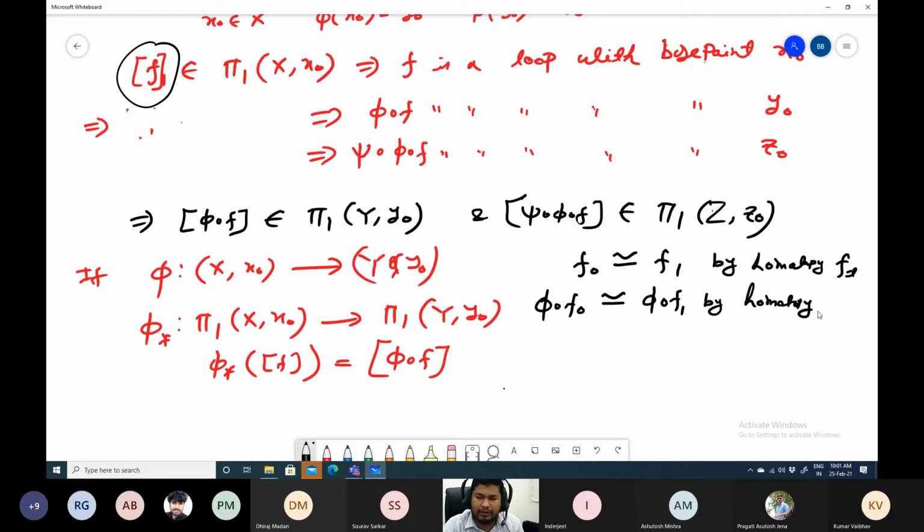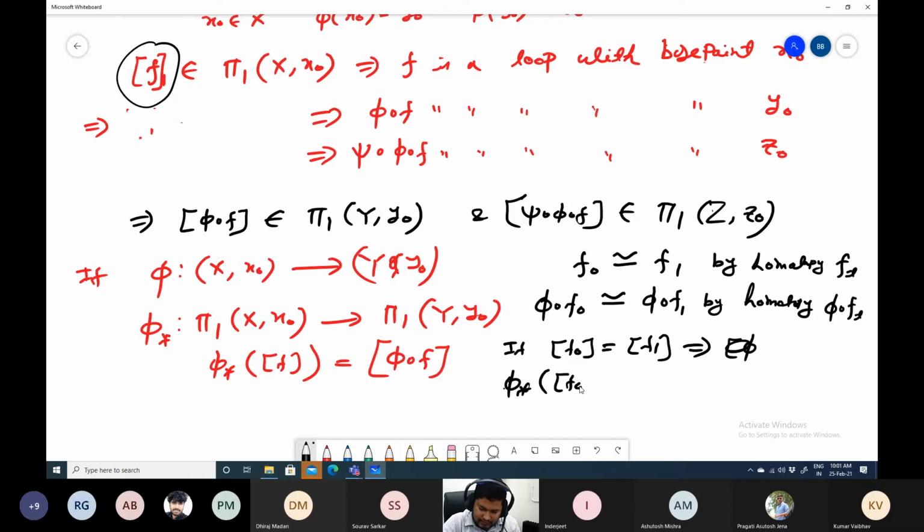Can you tell me the homotopy? Phi composed with ft, right? Now phi composed with this one only. So therefore, that implies phi star f0 equals phi star f1. So that is why the map is well defined.